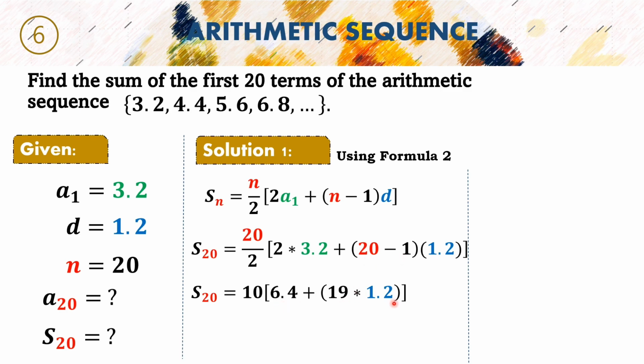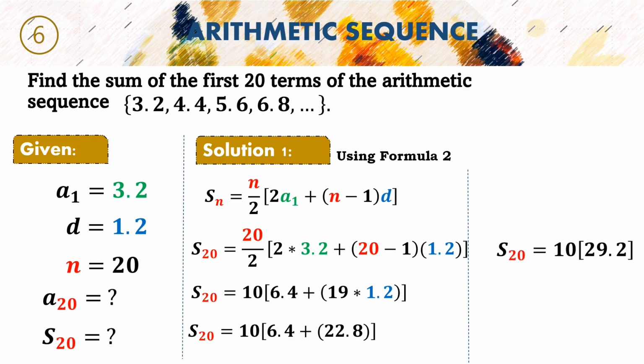So that is S sub 20 equals 10, quantity 6.4 plus 22.8. That is S sub 20 is 10 times 29.2. Therefore, S sub 20 equals 292. Let's have another solution.